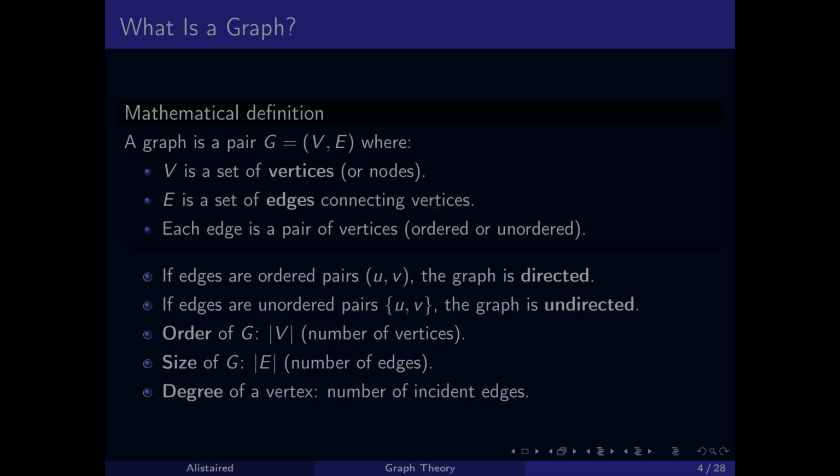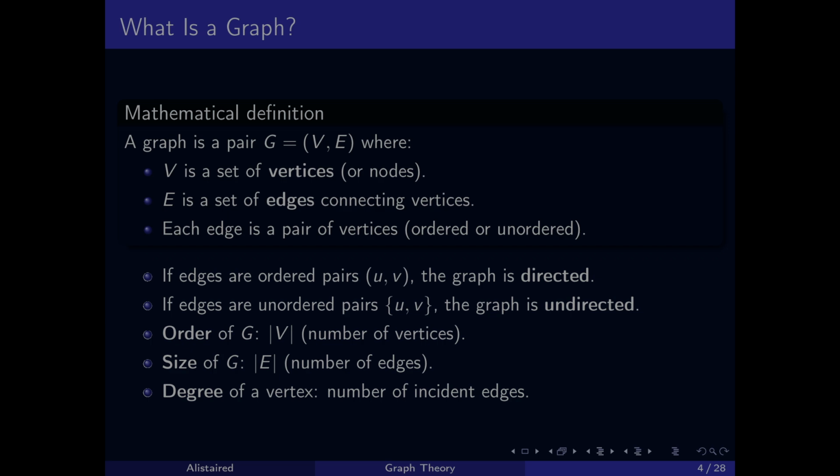Sometimes the order of the vertices in an edge is important, and in that case the graph is directed, which means that for an edge from I to J, it matters whether the edge starts from I or starts from J. However, sometimes it doesn't matter. An edge from I to J implies an edge from J to I, and that is what we call a non-directed graph.